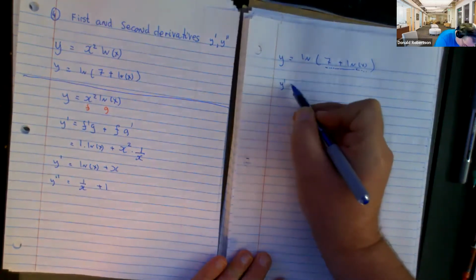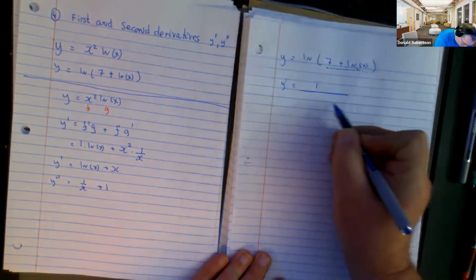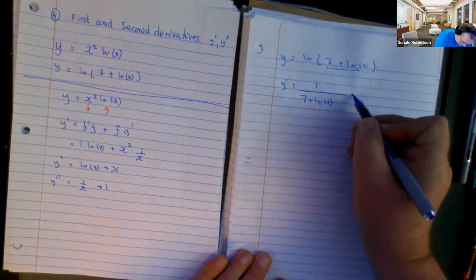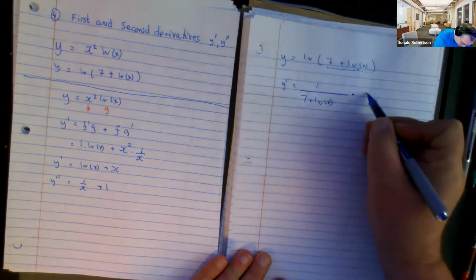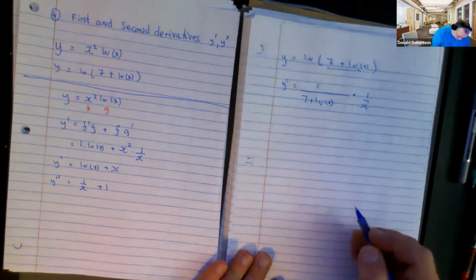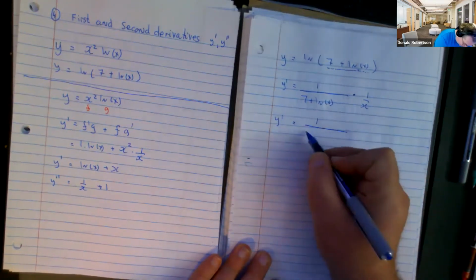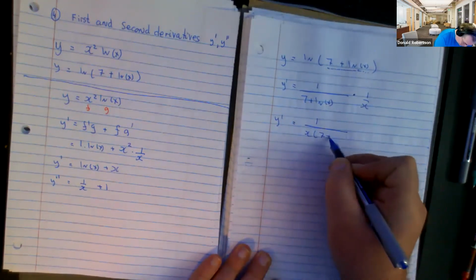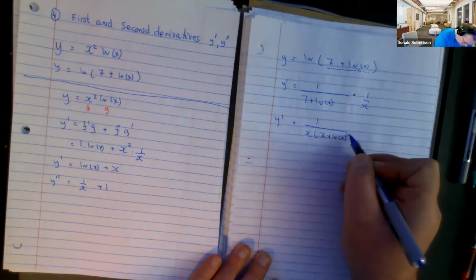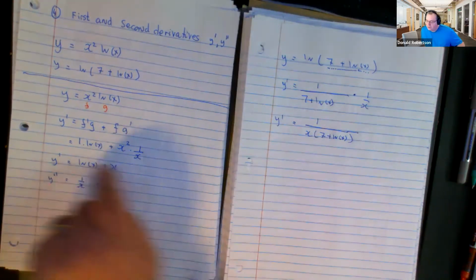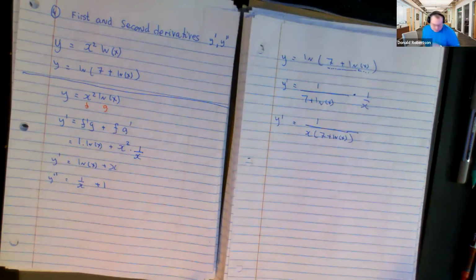So the derivative is 1 over the inside function times the derivative of the inside function, which is 1 over x. So we now have that guy. Not anywhere near as pretty as this one was, right? Pretty messy, actually.